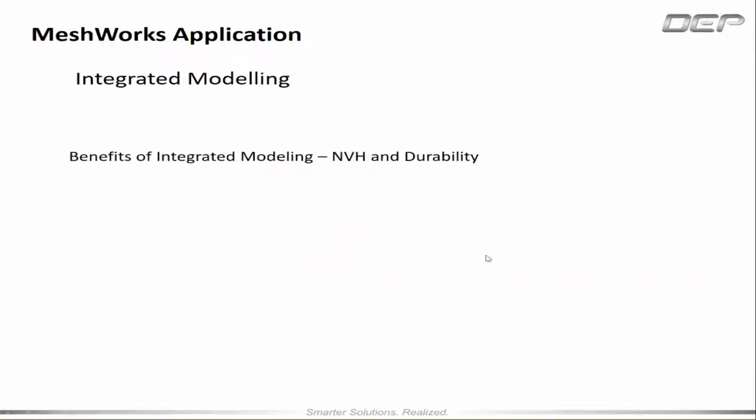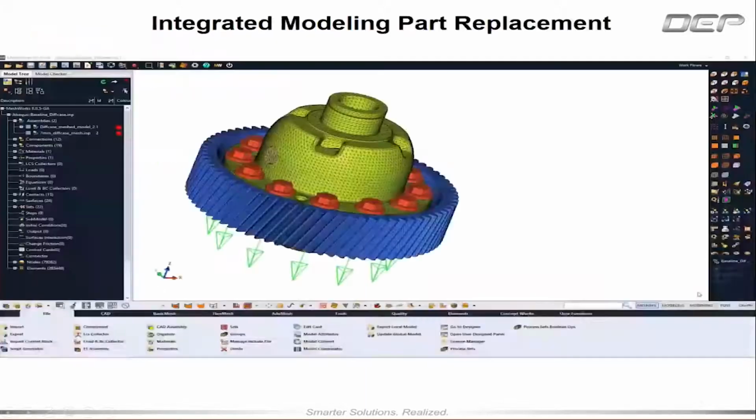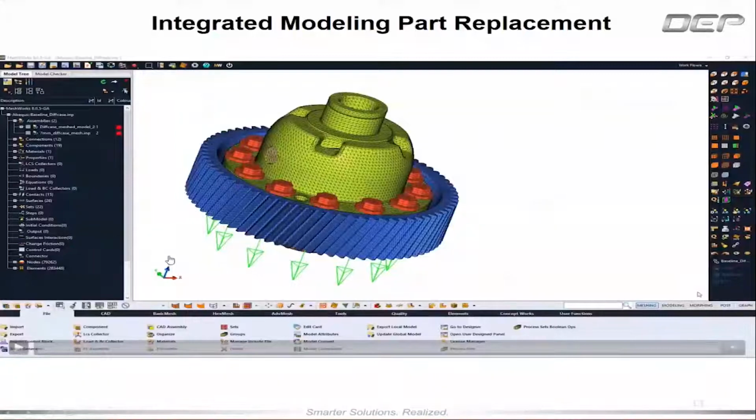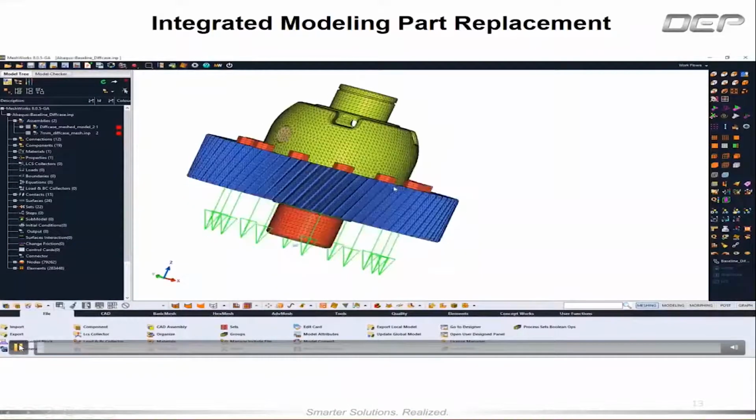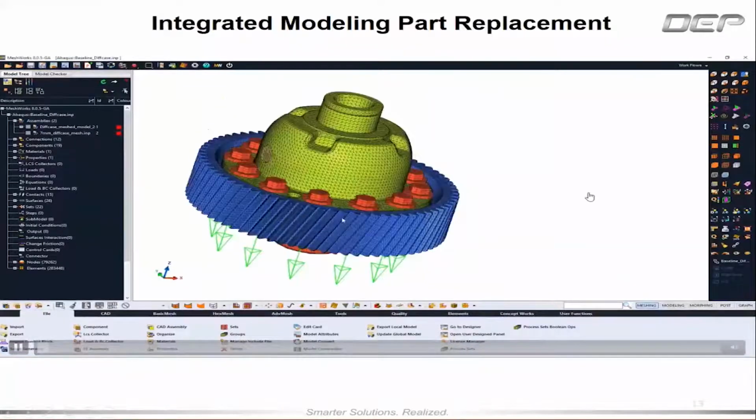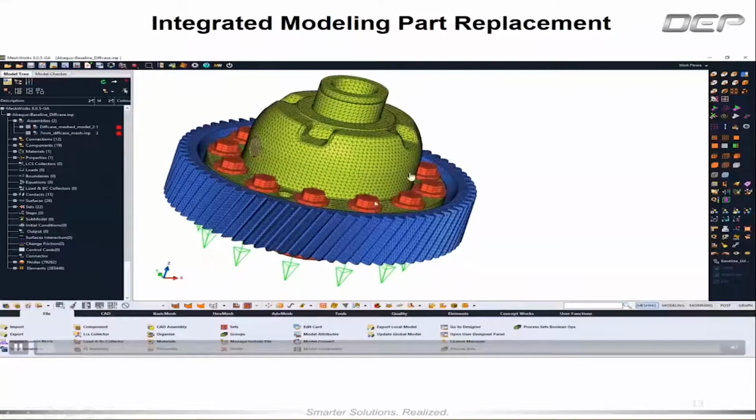So now the next topic is the integrated modeler. We will see how it is useful in integrated modeling when it comes to part replacement. Here we have a diff case assembly, as we can see on the screen.